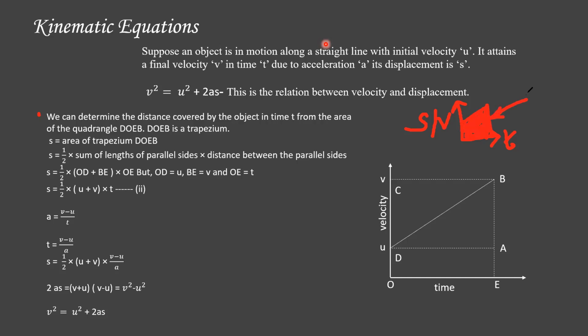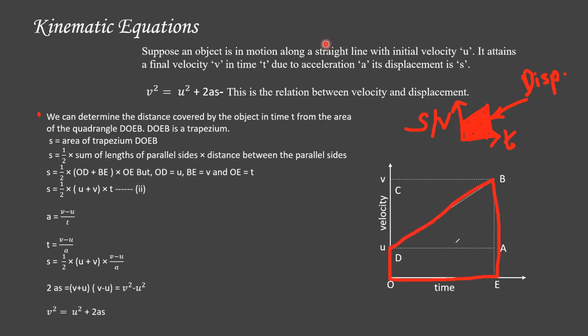Why is it so? I'm not going to tell you, just think about it, and once you get the answer, you will realize it is very easy, very obvious. The area covered in a speed versus time graph or a velocity versus time graph is always displacement. So over here, our area is something like this. This is the area.